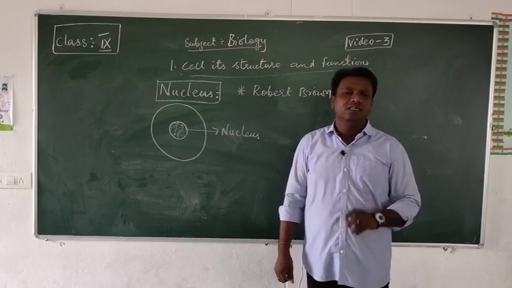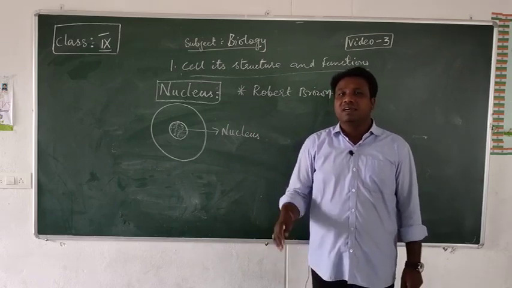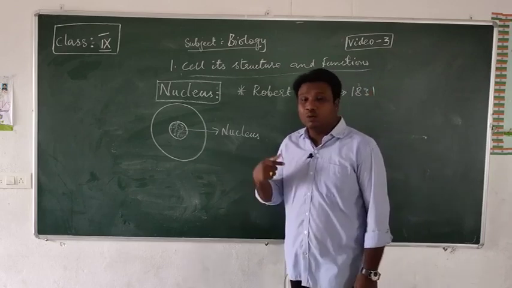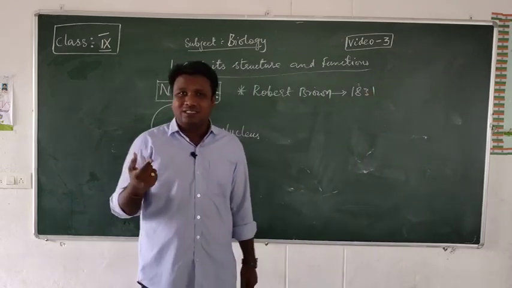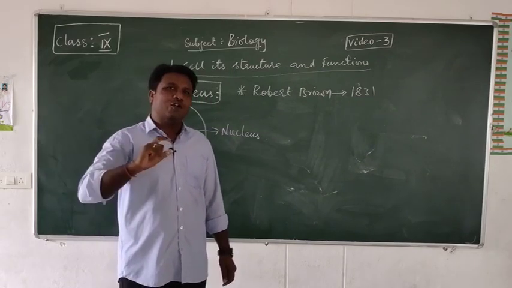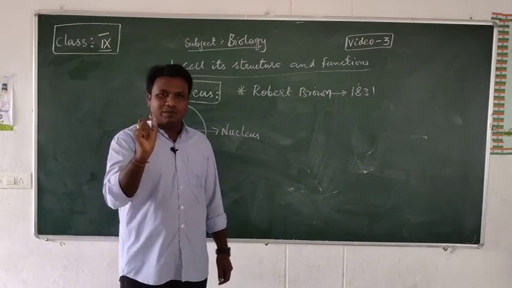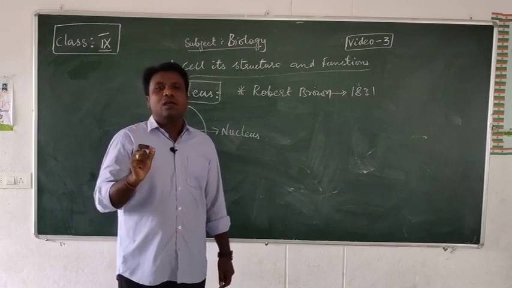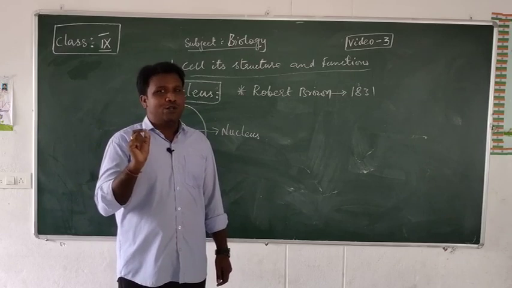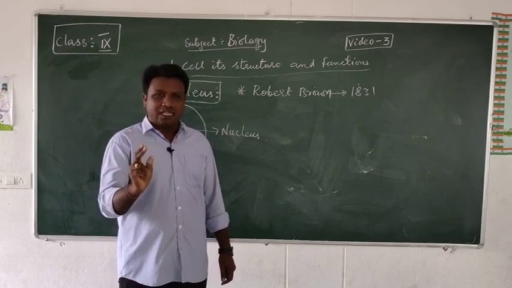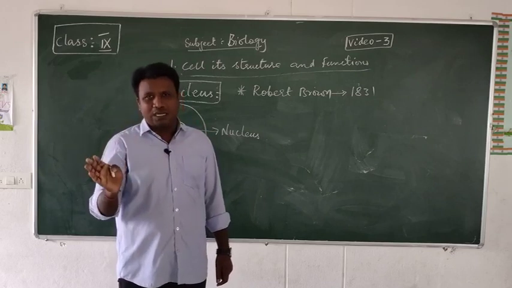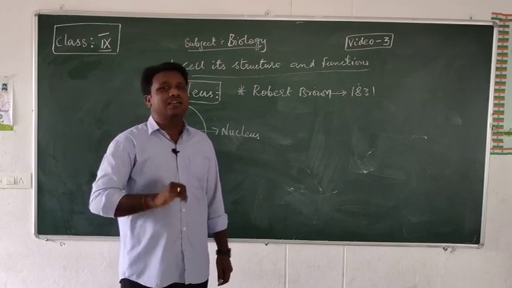But after 10-15 days, if I ask who discovered the cell and who discovered the nucleus, you may have a slight confusion whether it is Robert Hooke or Robert Brown. For easy remembrance, remember like this: Brown nucleus. Robert Brown discovered the nucleus, Robert Hooke discovered the cell.